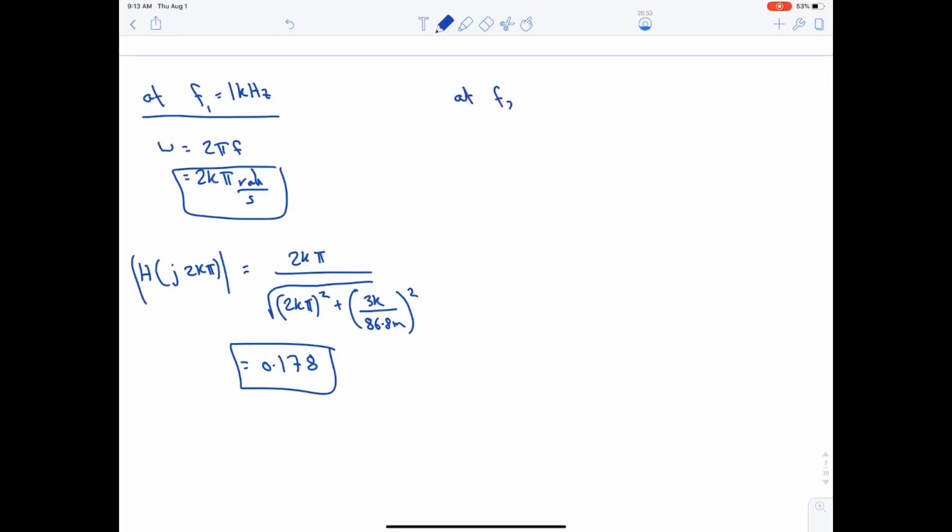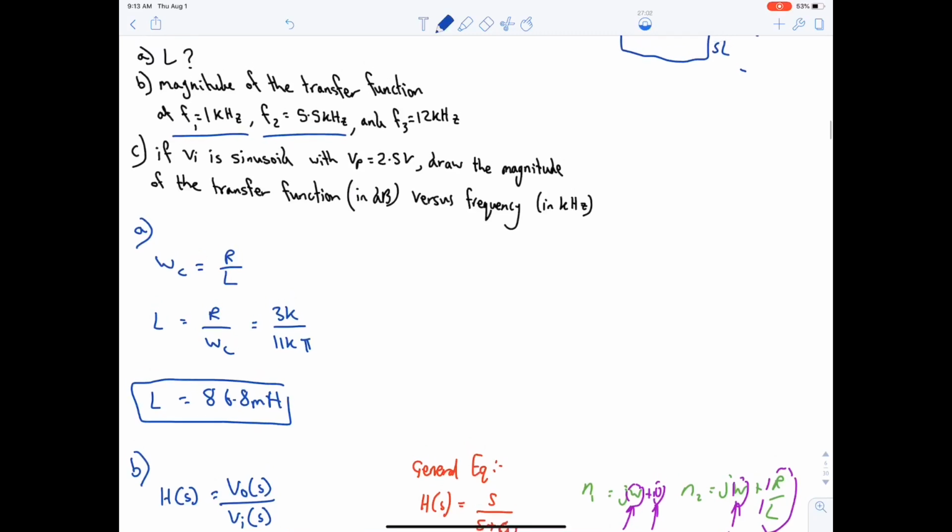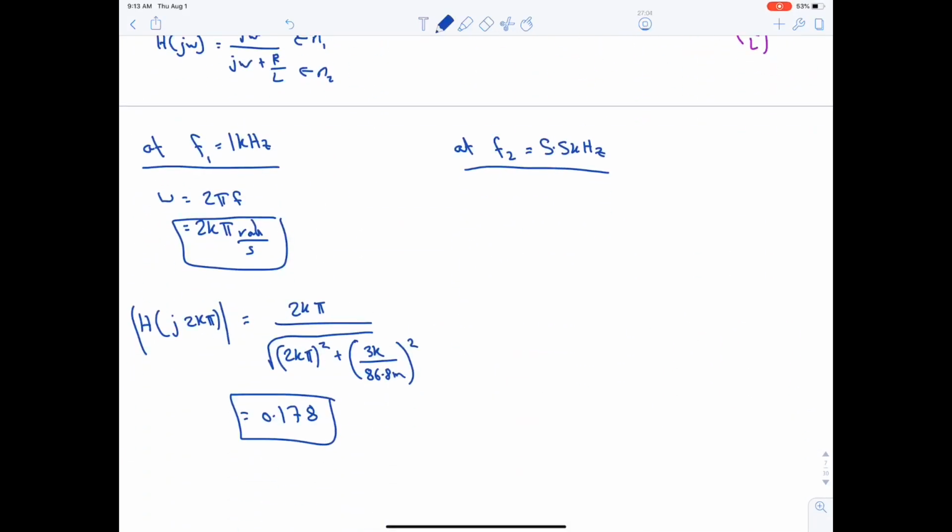For the second frequency, which is 5.5 kilohertz, and the third one, which is 12 kilohertz, you have to find omega and then plug in. So for the second, you can solve it for yourself, 11 kilo pi, and the answer will be 0.707.